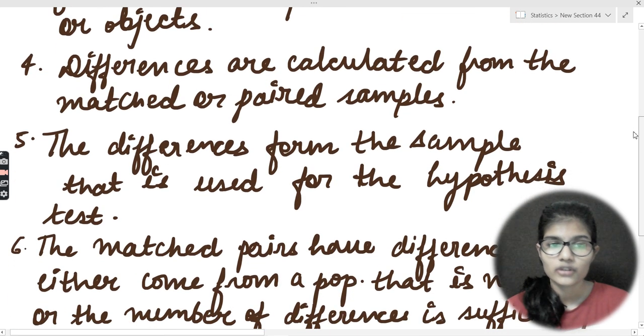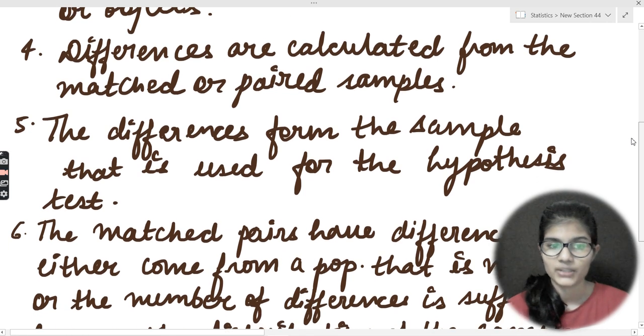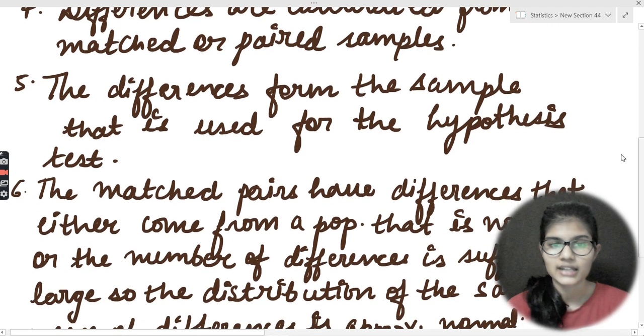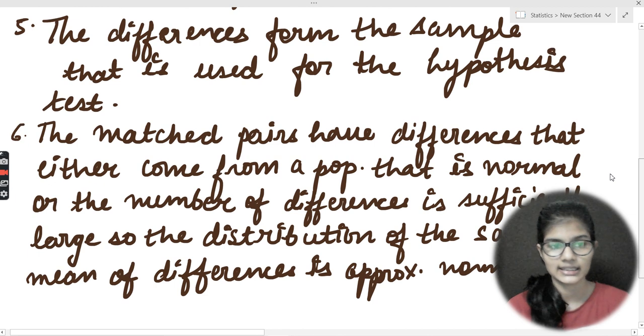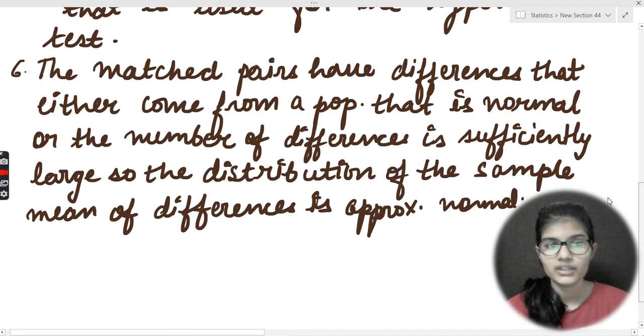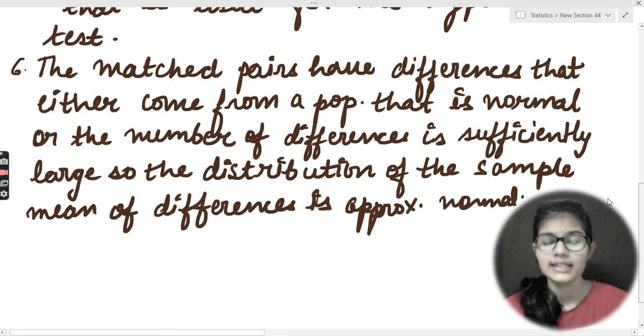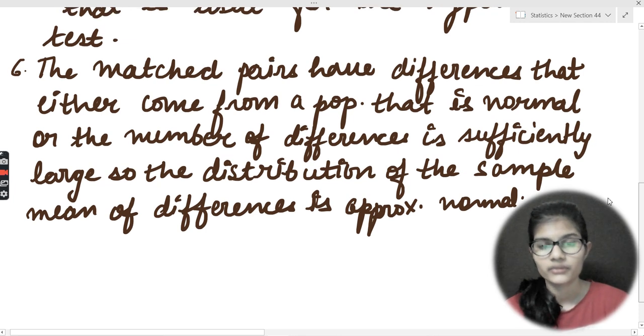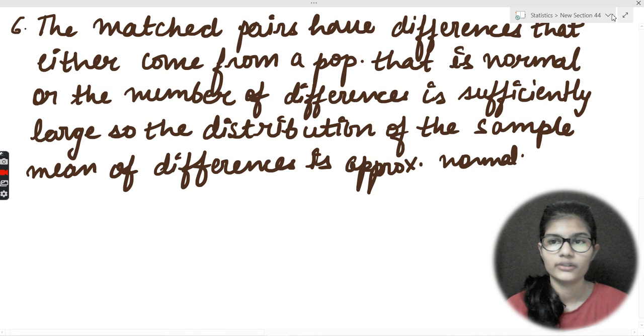Differences are calculated from the matched or paired samples. The differences from the sample are used for the hypothesis test. The matched pairs have differences that either come from a population that is normal, or the number of differences is sufficiently large so that the distribution of the sample mean of differences is approximately normal.